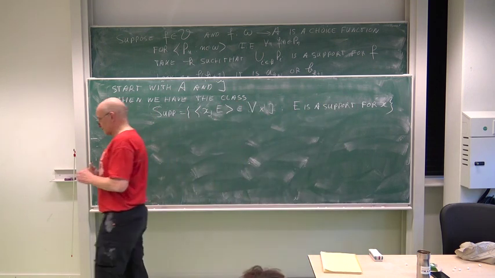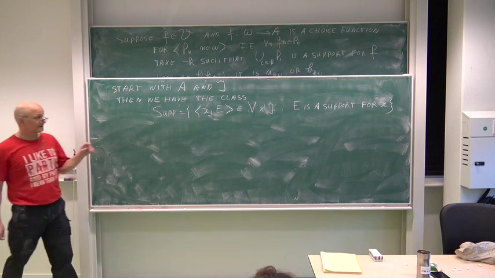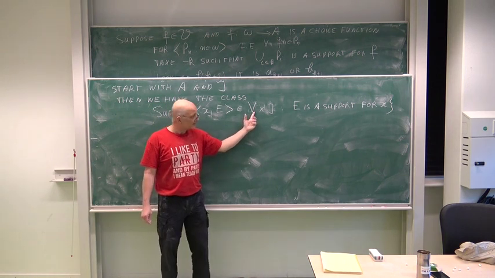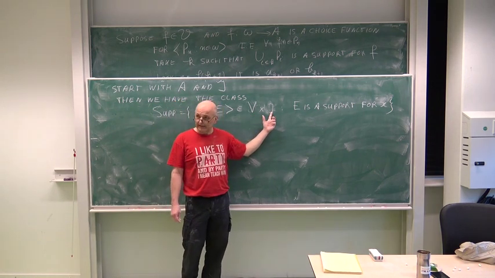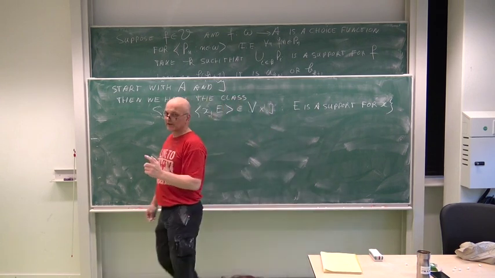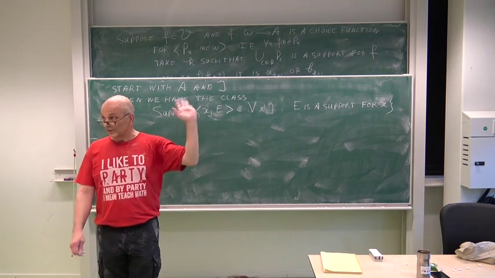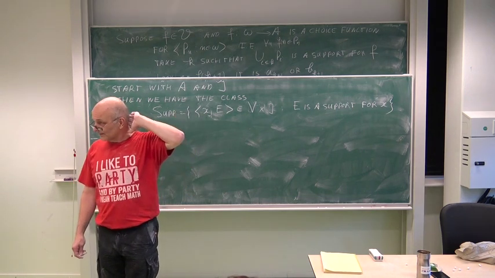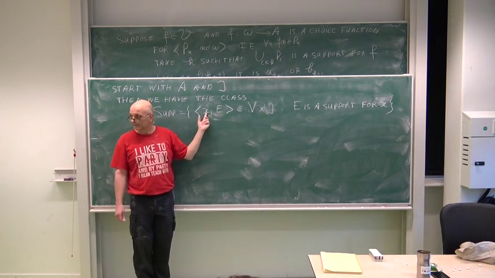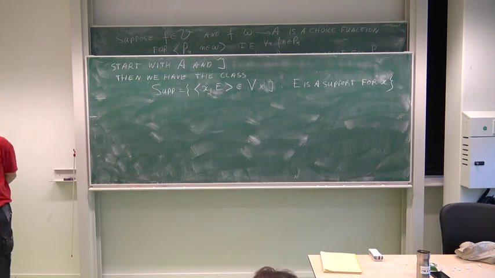We can look at the class of all pairs x comma e, where x is from the big universe and e is from the ideal I. And we can say, well, e is a support for x. If x is not symmetric, it doesn't have a support, so there are no e's. So this is only interesting for the x's that actually are symmetric. But we can simply define it like so.